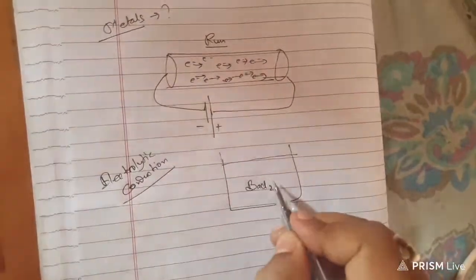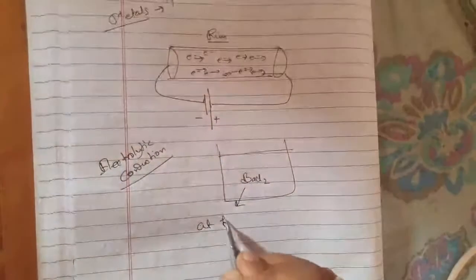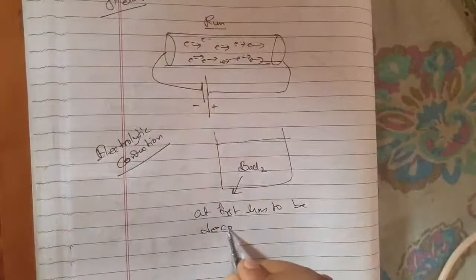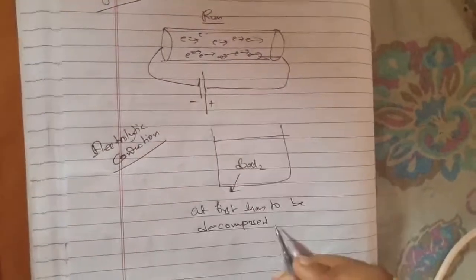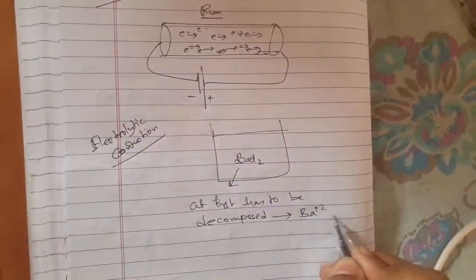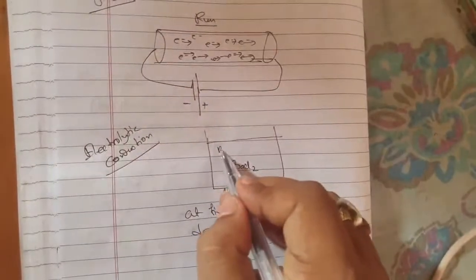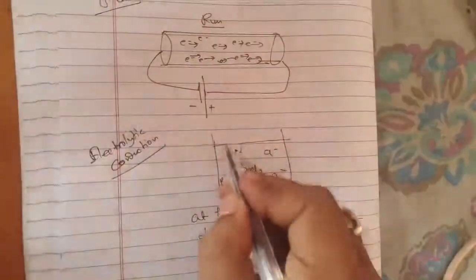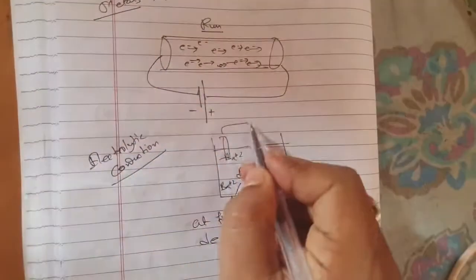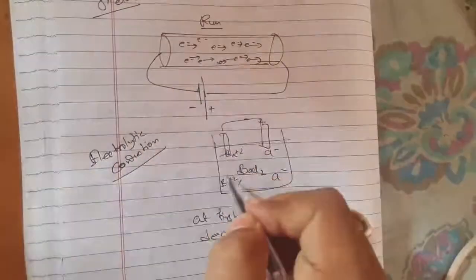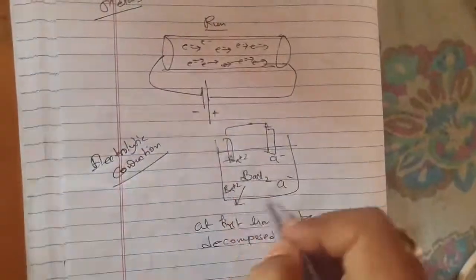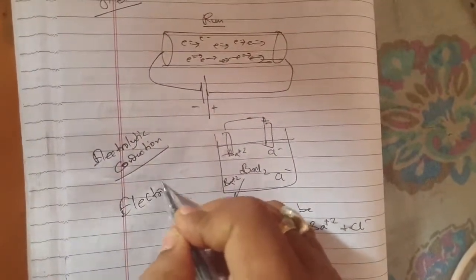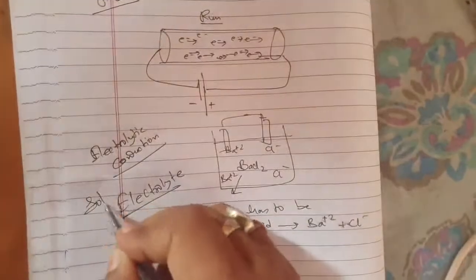Then BaCl2 at first has to be decomposed or broken down into Ba2+ ions plus Cl- ions, which will create random ions in the solution, and hence when you apply a potential difference across two electrodes dipped in the electrolytic conductor, or better to say a solution of electrolyte, it conducts.